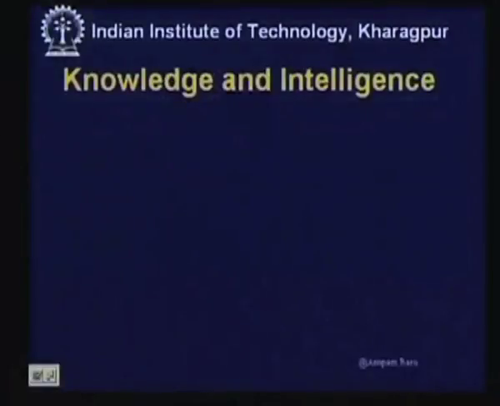Now, before delving into the details of knowledge representation, first let us look at what is meant by intelligence and how knowledge is related to intelligence. There are different ways of interpreting knowledge. Philosophers, scientists, logicians, psychologists have all interpreted knowledge and given some meaning to intelligence.